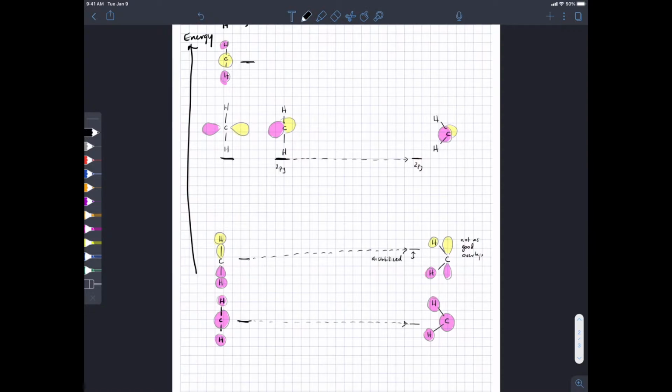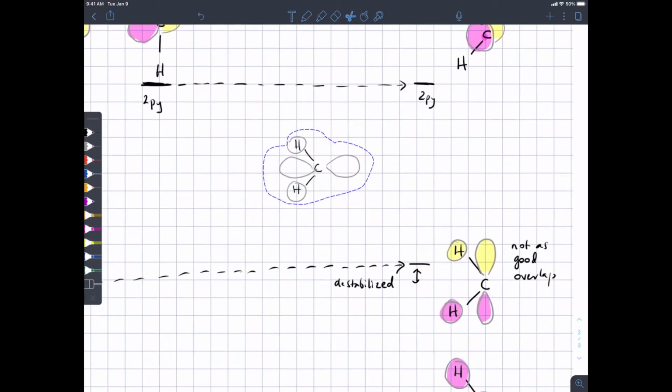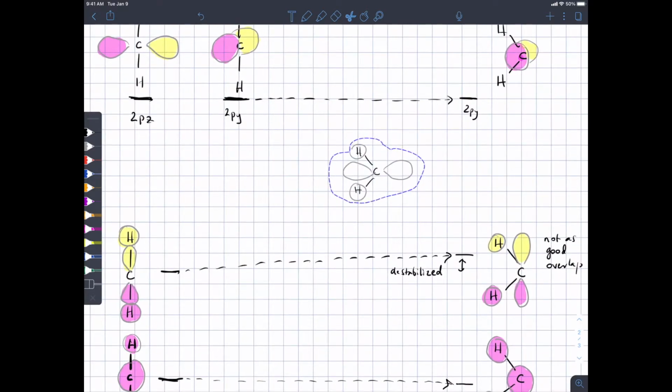In contrast, the 2pz orbital, once we distort from linear to bent, suddenly we introduce a new overlap that we didn't used to have. Suddenly that lobe on the back can overlap with the hydrogens. So let's represent this with pink here and here and here, and maybe yellow there.